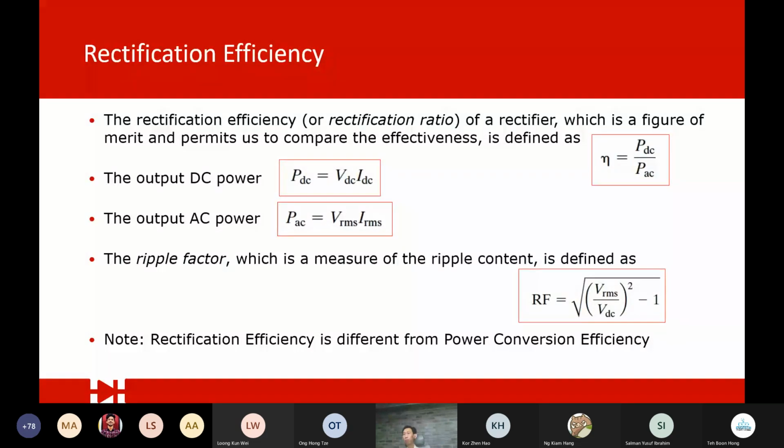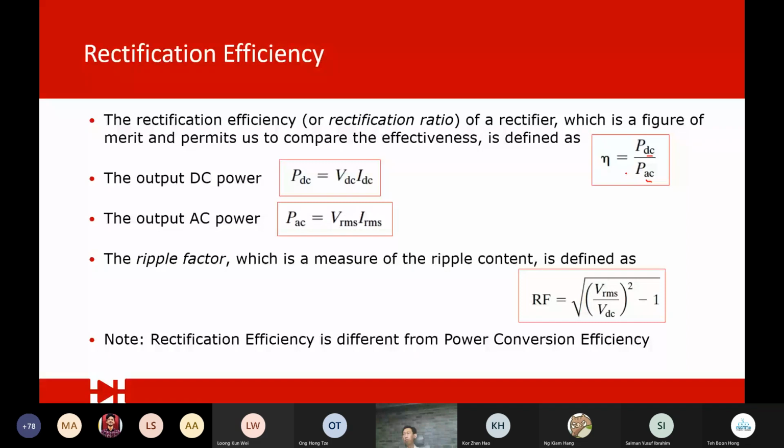First of all, rectification, as we know, is the process of converting the AC to DC. So for rectification efficiency, the output is DC power, and the input is the AC. This will be the efficiency.